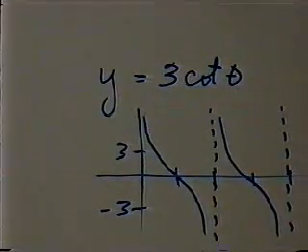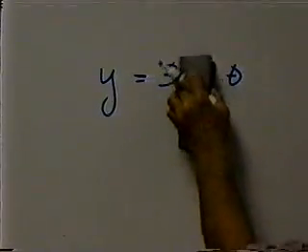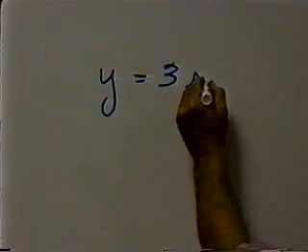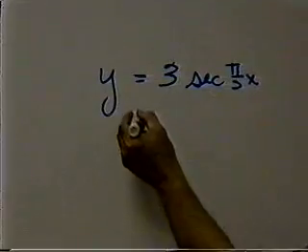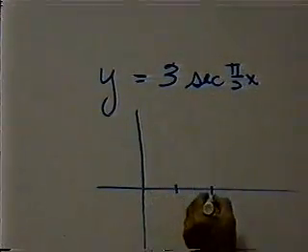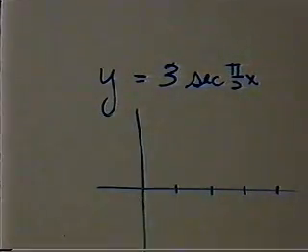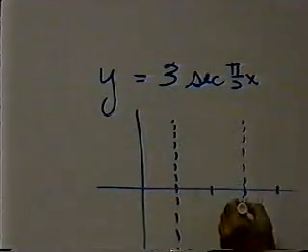All right. Next one, secant. We want to do secant of pi over 2x. Step 1, axis. Step 2, 4 equal marks. Step 3, secant curve. Secant curve is dotted line at the first mark, dotted line at the third mark.